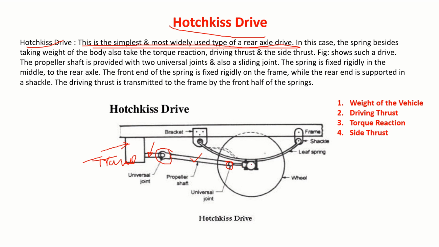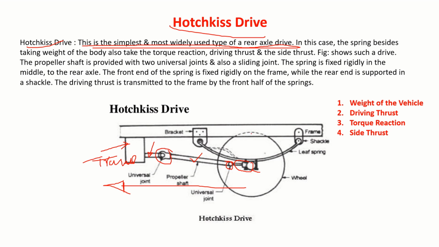Then there is what you can call as final drive and the differential. Then this wheel rotates, then the vehicle moves forward. Okay, so this is what we call a rear axle drive system.